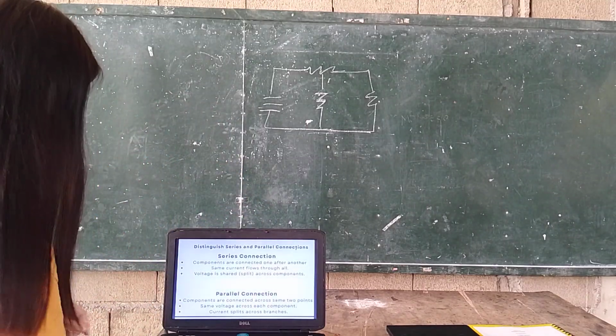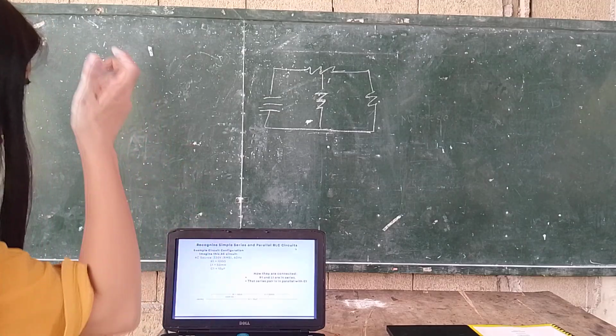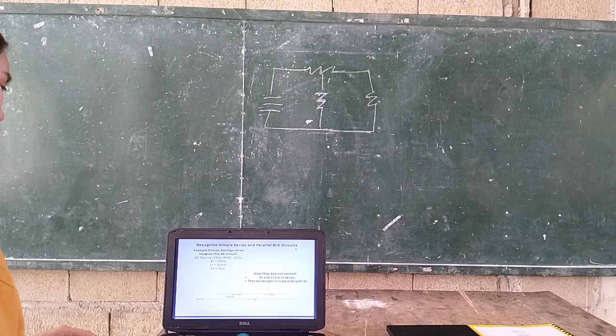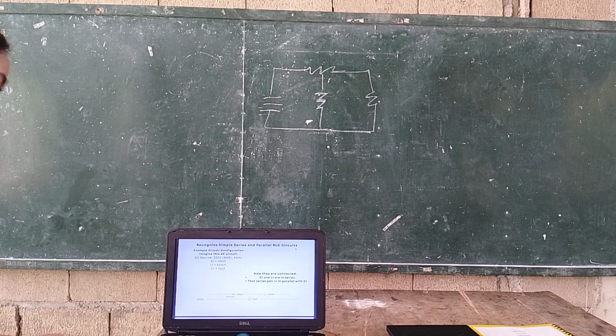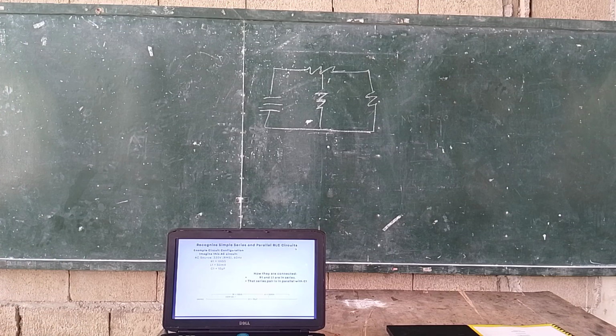And then next is let's recognize simple series-parallel RLC circuits. So we have here an example circuit configuration. Imagine this AC circuit. The AC source is 220 volts RMS and 60 hertz.